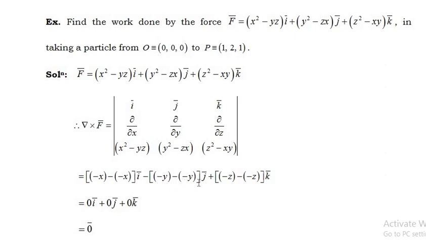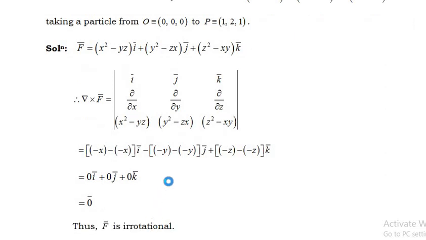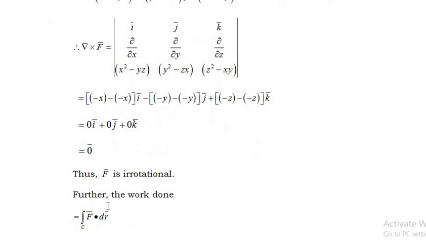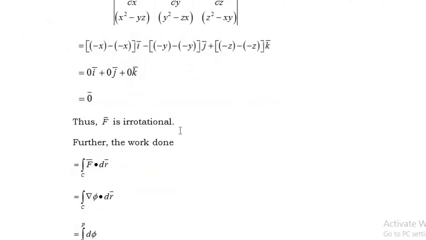So minus y plus y times j, that is 0 times j, plus k times derivative of y square minus zx partially with respect to x is minus z, minus derivative of x square minus yz partially with respect to y is minus z. Minus z plus z times k, that is 0 times k, and that is equal to the 0 vector. Curl of F bar equal to 0 vector. That means F bar is irrotational.